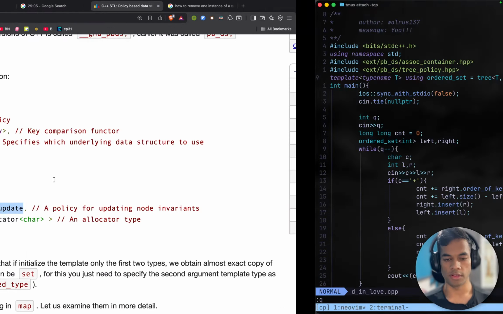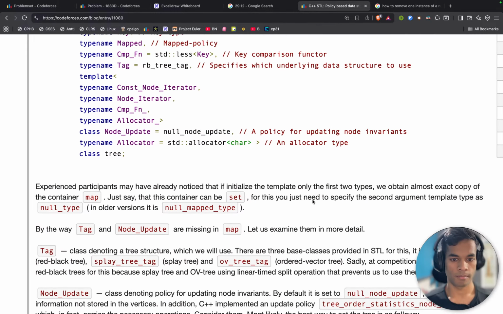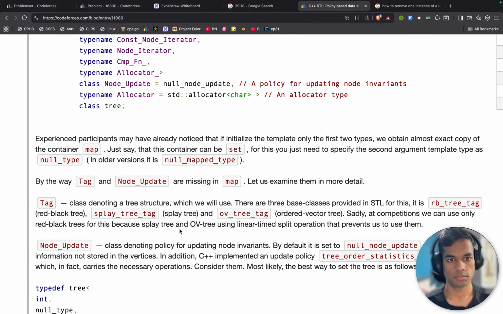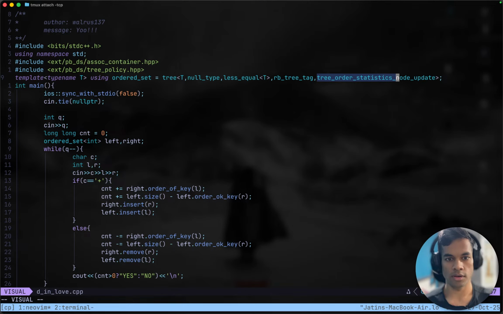Then wait, no, this is node update value. Yeah, node update. I think we have to do node update equal to this thing.